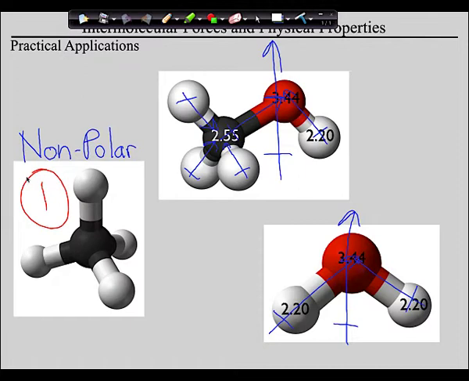The difference here is essentially 0.9. The difference here is essentially 1.2. So this bond will be more polar than this bond. So this molecule is more polar than this one. So guys, this is the most polar molecule, and this one is in between. You get the idea?